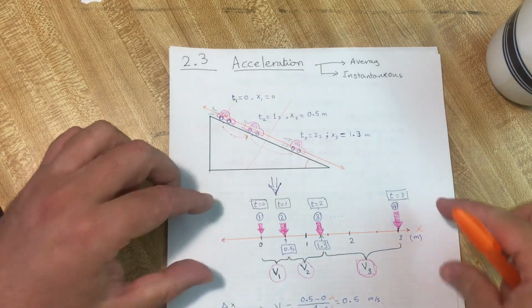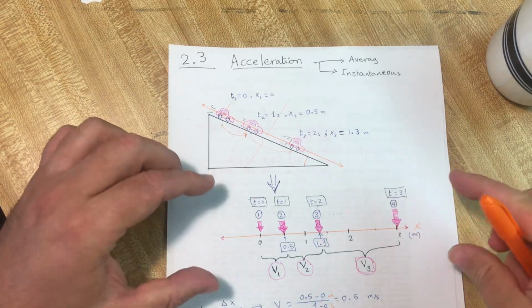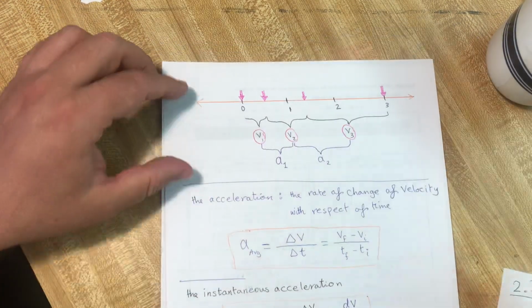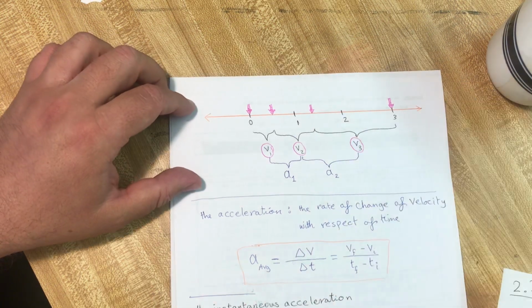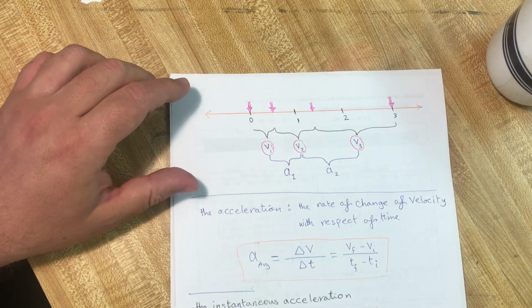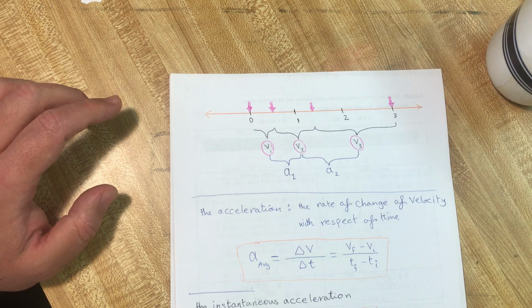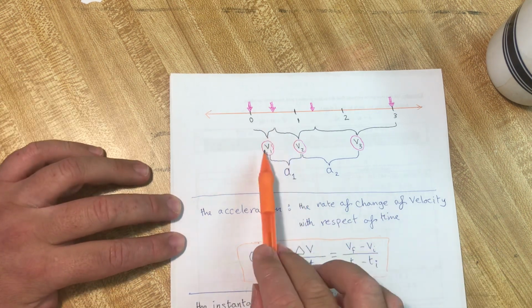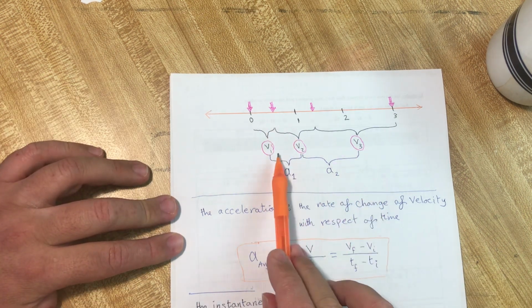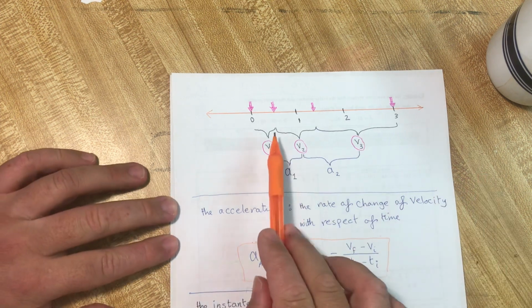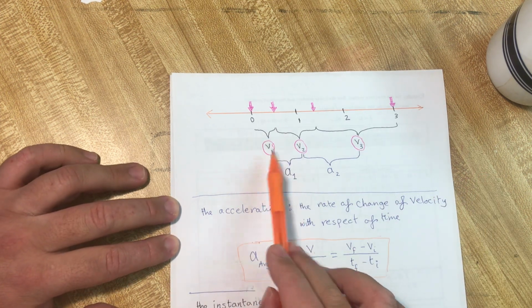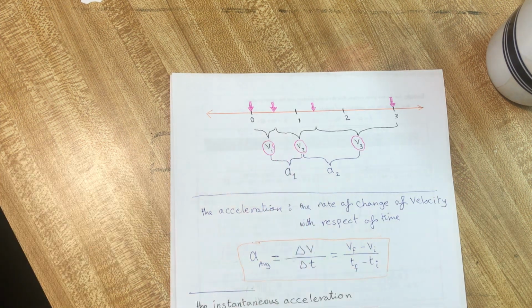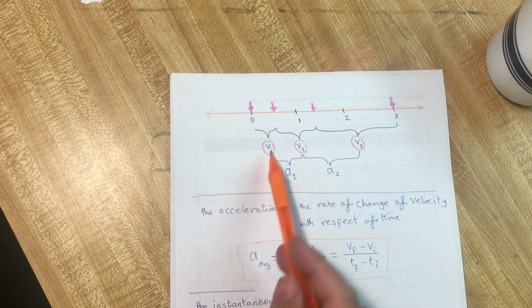Now this is our problem. We have the positions again and again, and the velocities. We compute a change in position with respect to time, and we find the average velocities.